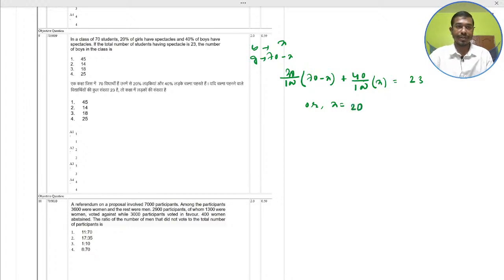So the number of boys is 20. Here the options are 45, 14, 18, 25, so option 4 would be the correct one. The number of boys in the class is 20. Okay, this is correct. Simple mistake of the option.